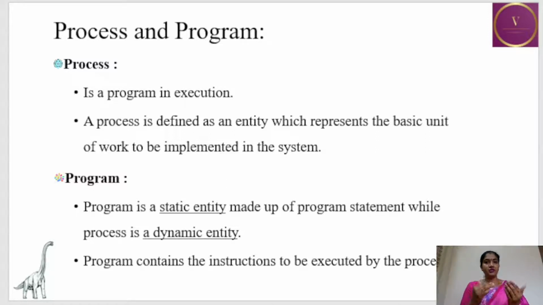A process is dynamic because it will first be in one state, that is beginning, then it will be in the ready state. We'll be seeing the states of the process in the next slide. So a process keeps changing. It is a program in execution, whereas a program is a static entity. So a process is a dynamic entity.